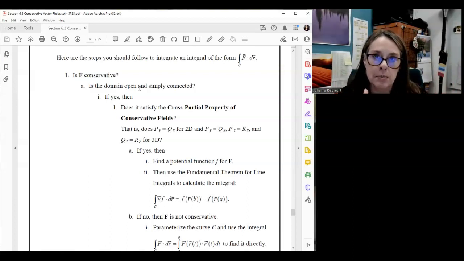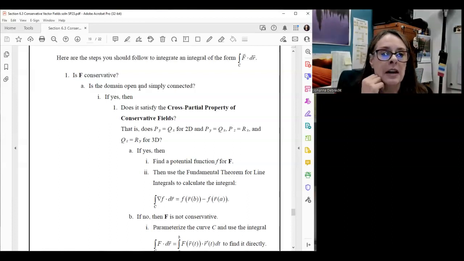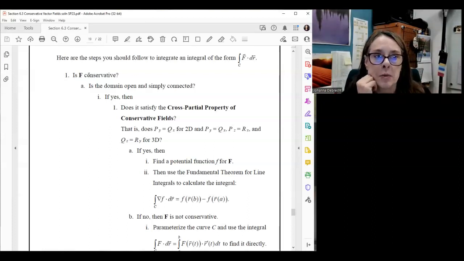If it has the cross partial, you know it's conservative, and you can solve it using the fundamental theorem of line integrals. If it's not conservative, then we'll go back to the first method that we learned for evaluating vector line integrals. So first, we start with our question, is the vector field conservative? To answer that, we start with the domain. Is it open and simply connected? If it is, then does it satisfy the cross-partial property of conservative vector fields?